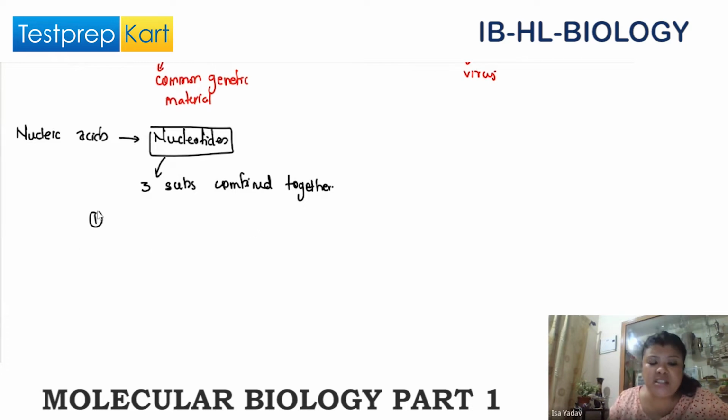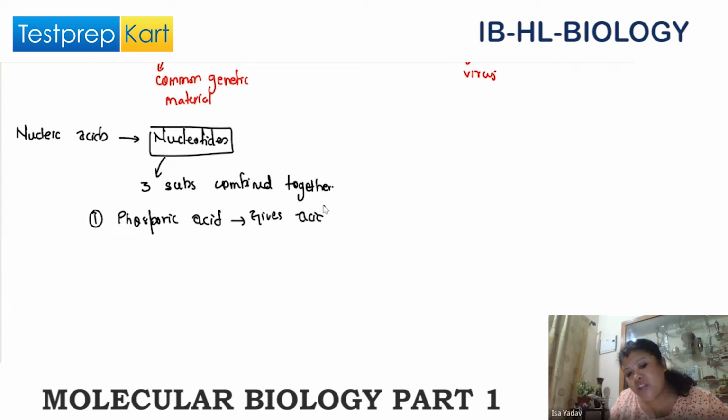The first is phosphoric acid. This phosphoric acid gives the acidic nature to DNA.